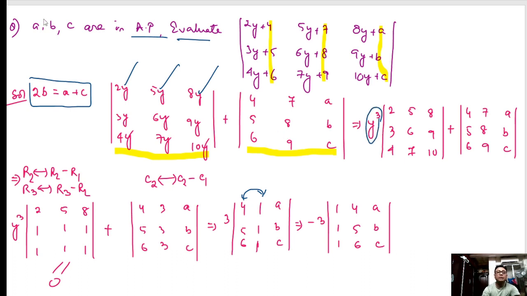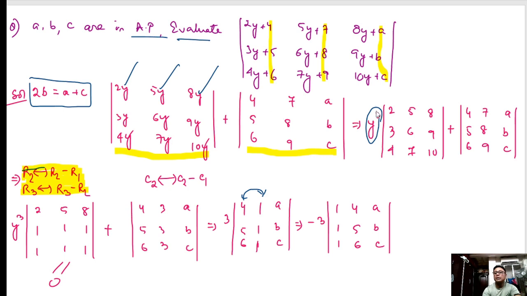And now in the first matrix we have done R2 minus R1 in R2, and in R3 we are doing R3 minus R2. So watch here what we are trying to do basically.